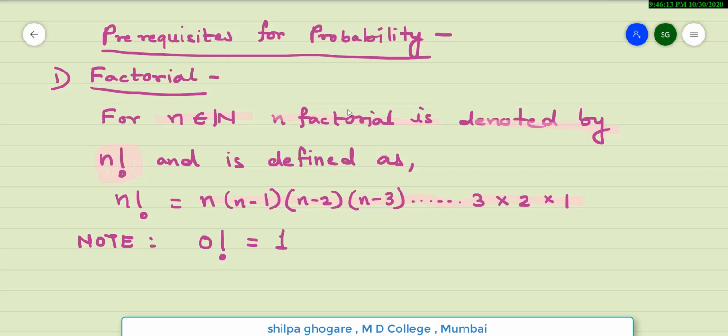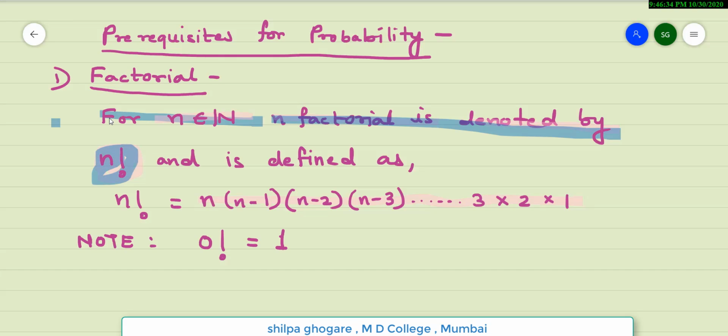Today we shall see the prerequisites for the topic probability. The first concept which should be known is that of factorial. Now factorial is defined for natural numbers and it is denoted by n factorial.